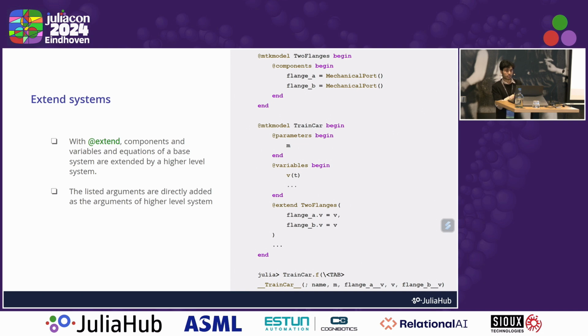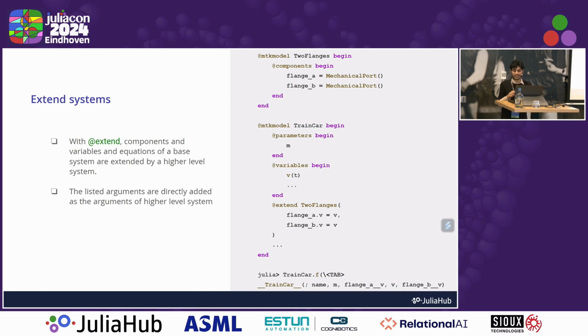Here, TwoFlanges, as the name suggests, has two flanges. If you have equations and components, just like any other MTK model, you define them all, and then you extend that in whichever model you want to extend it in. Here, one thing to note is if you have arguments that you want to pass, then you have to specify them while extending that component.